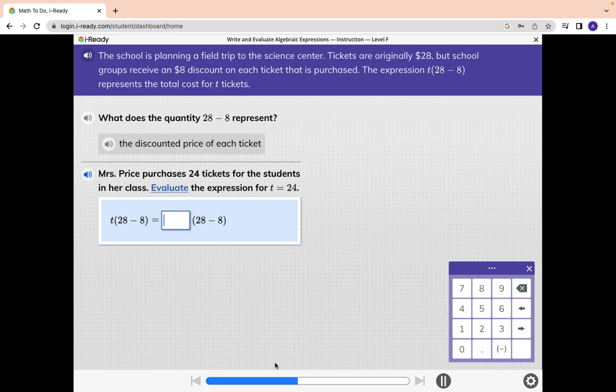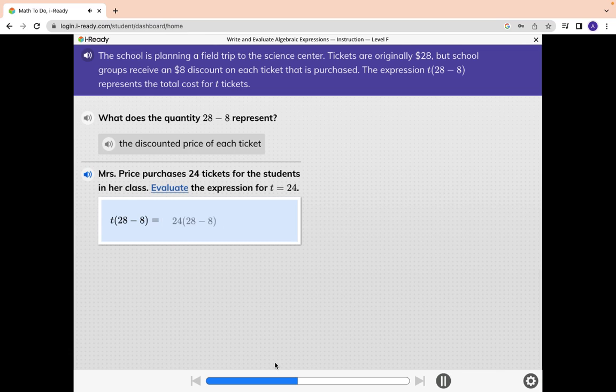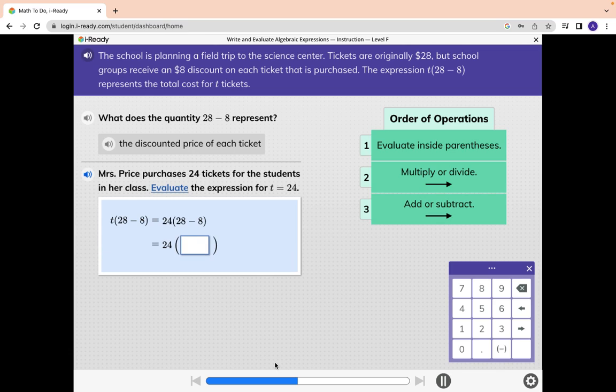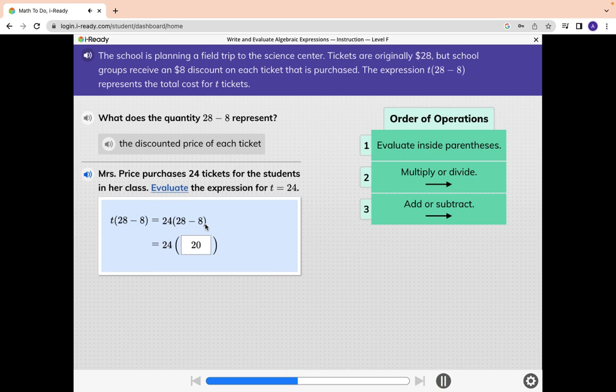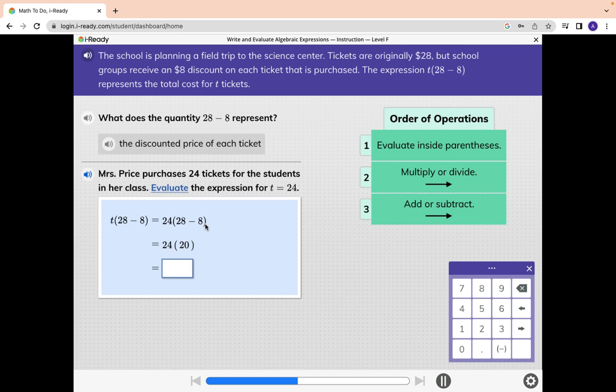So 28 minus 8 equals 20, and T equals 24. So we can put a 24 in there. Okay, so we need to go inside the parentheses. 28 minus 8 is 20.